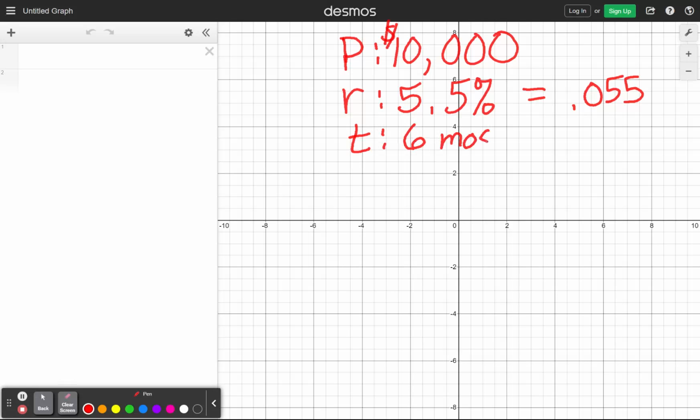And when you put time into these finance formulas, you need to put it in years. So 6 months is half of a year. And then we will be using monthly compounding when appropriate.